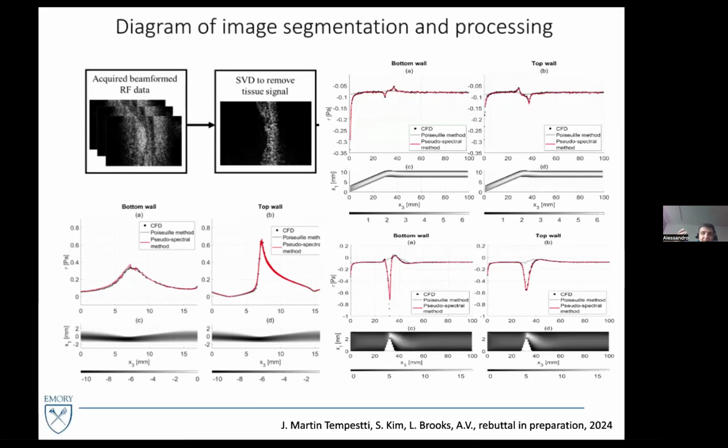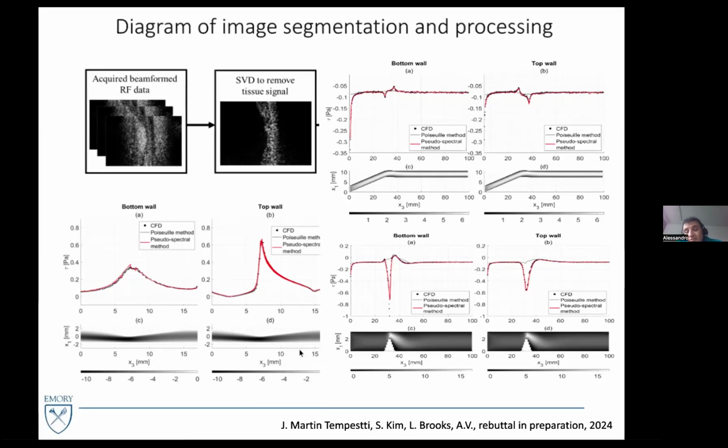In the pseudospectral approach, we naturally cut the noise because the noise is non-systematic, a white noise, and so it's high frequency. So we pass low frequencies and cut high frequencies, to the point that our pseudospectral approach can follow and identify the profiles of the wall shear stress we compute with CFD in a much better way.